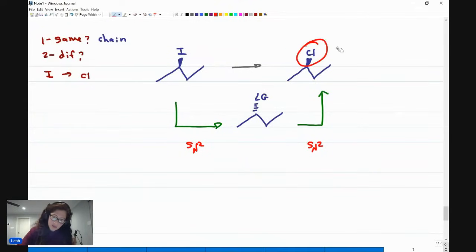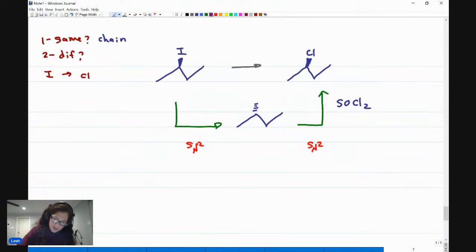Well, let's see. How do we get a chlorine onto a molecule? I need some kind of chlorine leaving group or chlorine attacker. SOCl2 is a good way to control for getting the chlorine there and SOCl2 can kick out an alcohol.